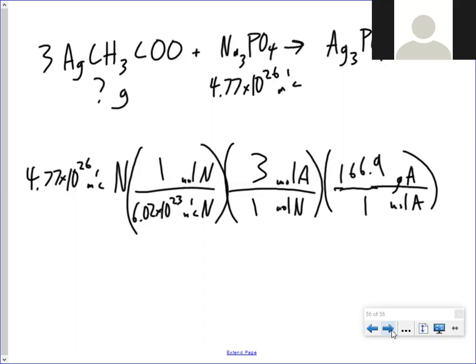Say it loud. 3. Times 3, and then the next number on the top? 166.9. So we did the big number times 3 times 166.9. We smashed the enter button. We get 2 point something times 10 to 29.